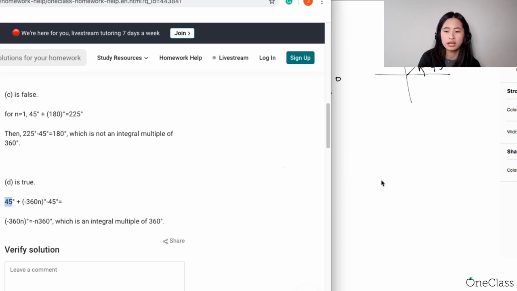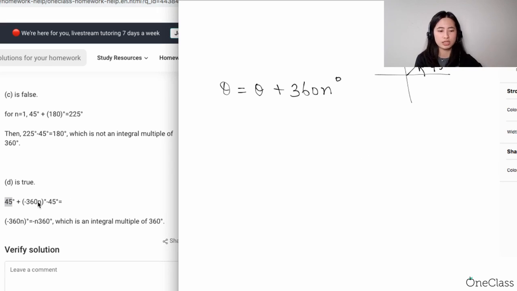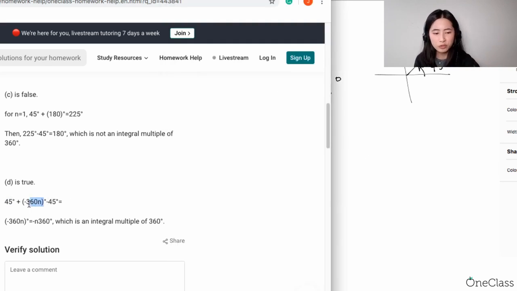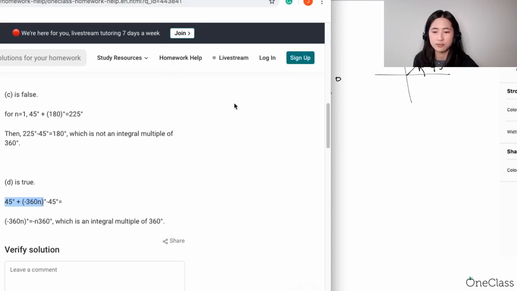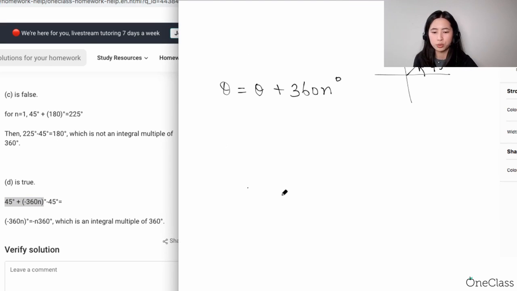Let me try to illustrate that, because I think what they did was combine the two equations right off the bat, so that's why it's pretty confusing. So far from A to C, they're breaking this down into two equations. As you can see, they're adding the two and then they're subtracting. Maybe I can show you that.